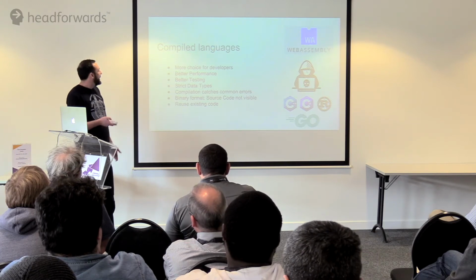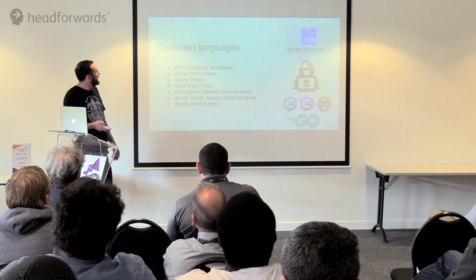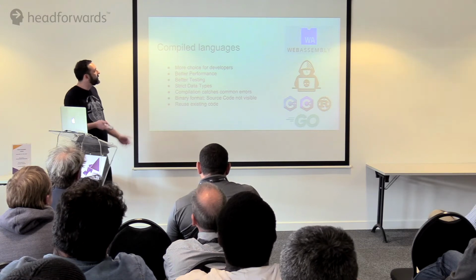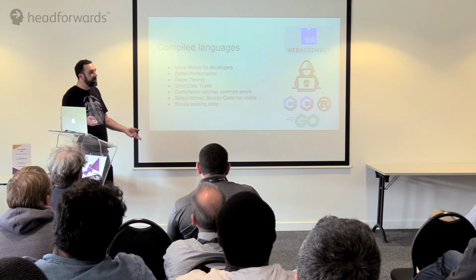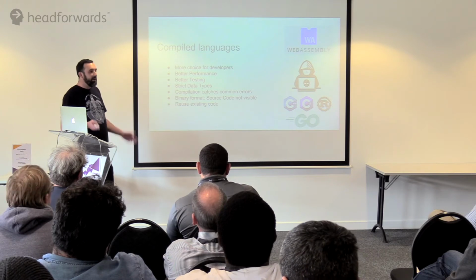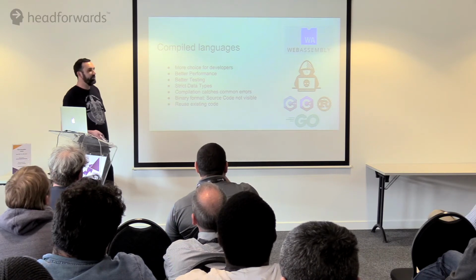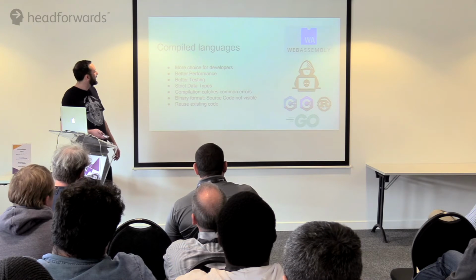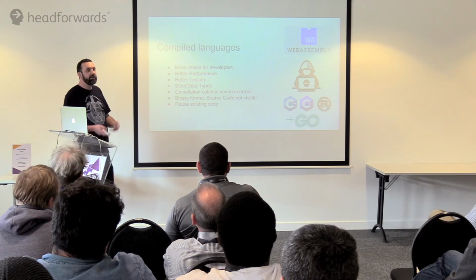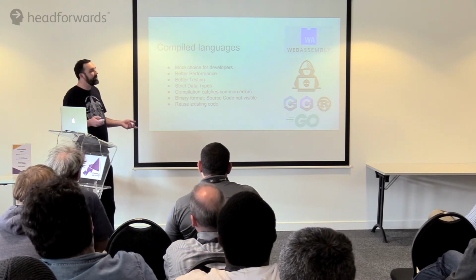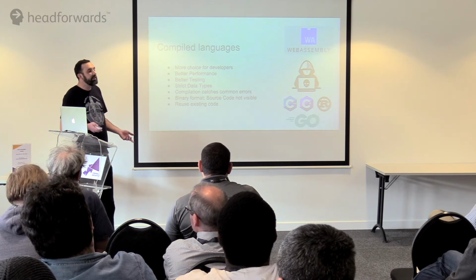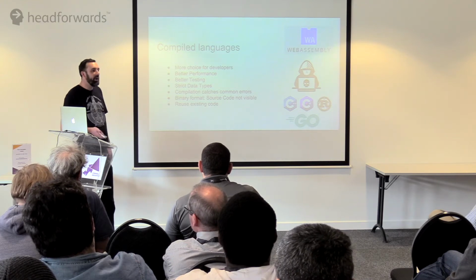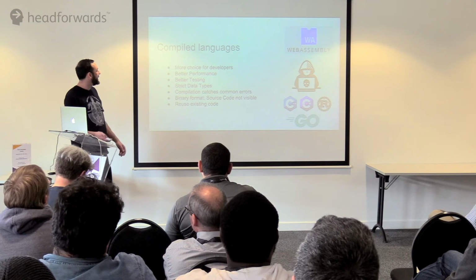Compiled languages offer a number of interesting options here. More choice for developers. This is great. If you're a Golang programmer and you don't like JavaScript, brilliant. We can write in Go instead. If you're a company that's got a huge set of assets already written in C, C++, well, you can compile it for WebAssembly and it will just run in the browser.